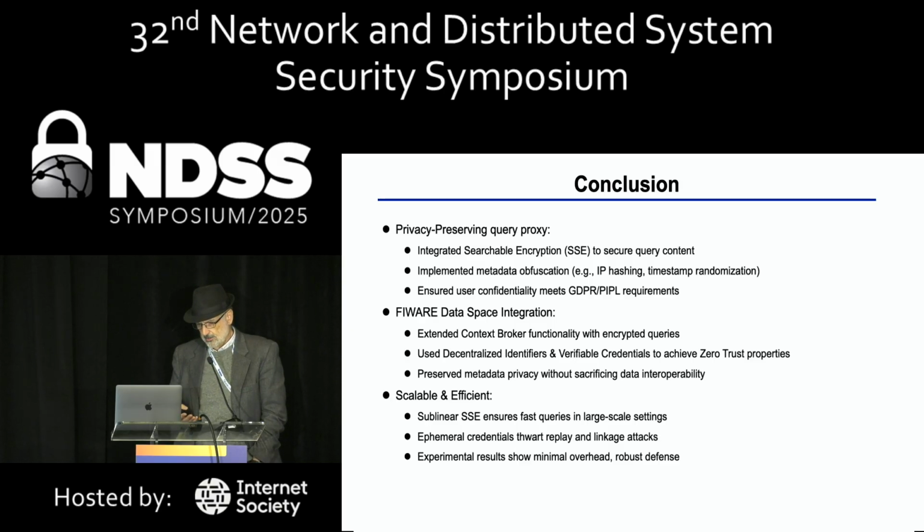And all of this also meets GDPR requirements. We used FIWARE data space software for the integration, so many of the components are standards provided, which makes this both easy to integrate and implement, but also more standard, so that this can be repeated and extended.